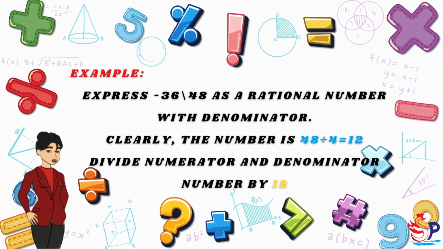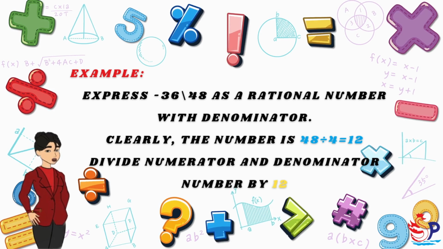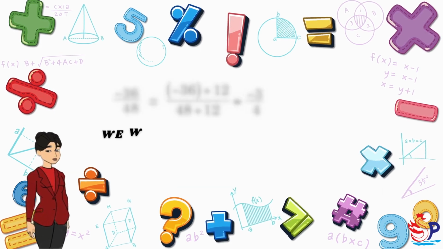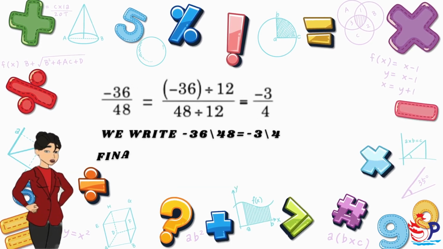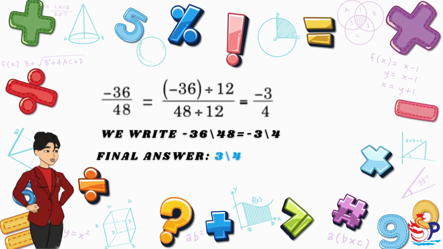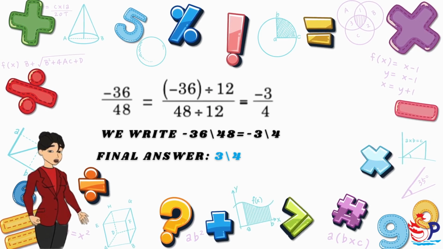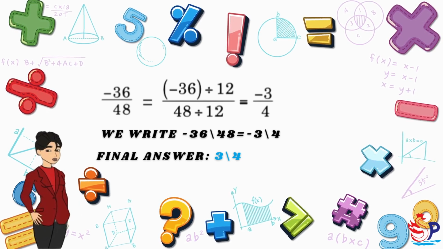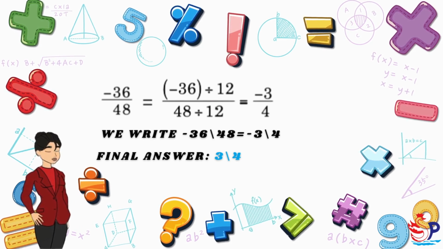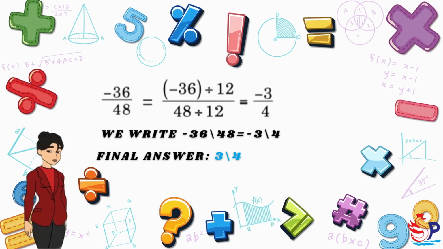Divide numerator and denominator by 12. -36 by 48 is equal to -36 divided by 12 by 48 divided by 12, is equal to -3 by 4. We write -36 by 48 is equal to -3 by 4. Final answer: -3 by 4.